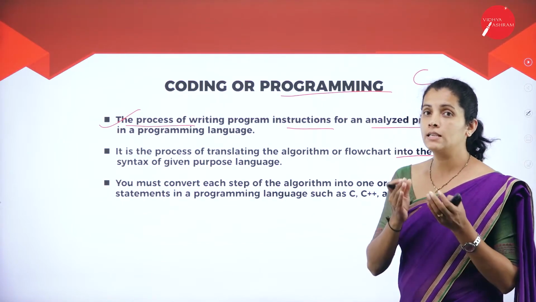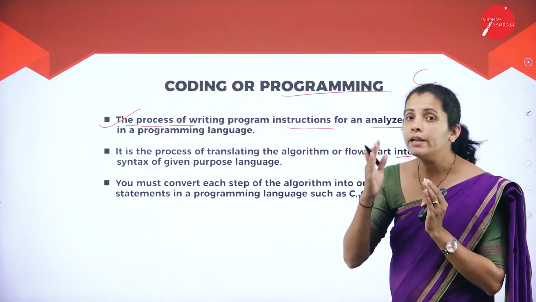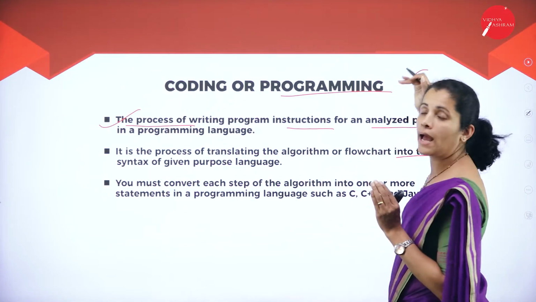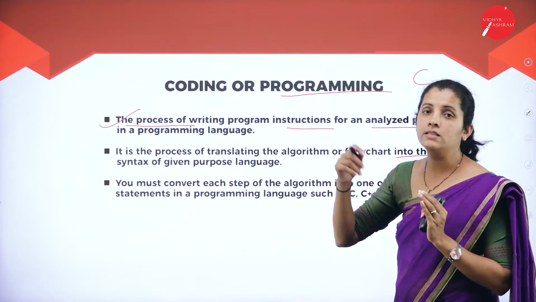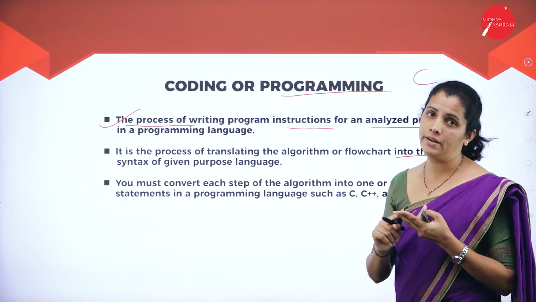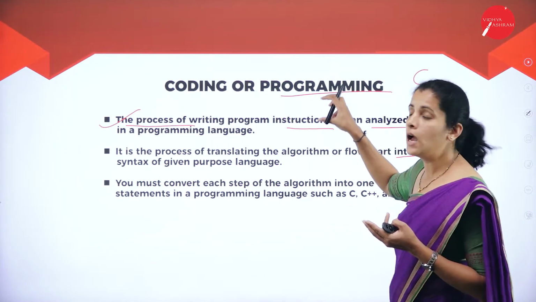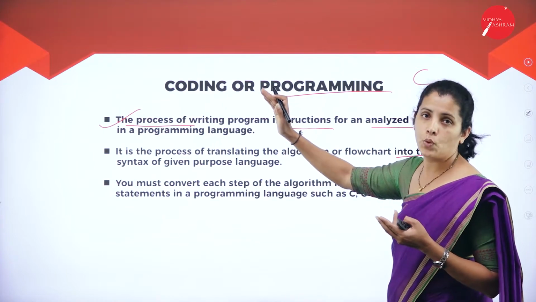I'm going to translate an algorithm or flowchart into my C programming language. That means I'm going to follow the syntax, semantics, rules, everything. Based on my programming language rules, I'm going to write the program.